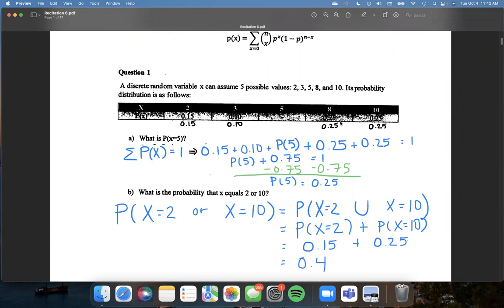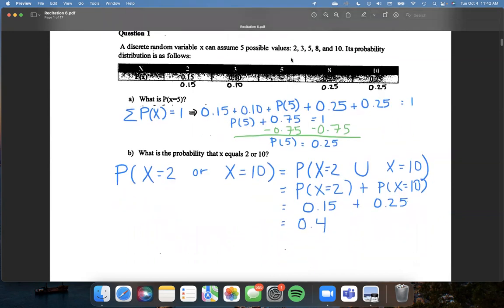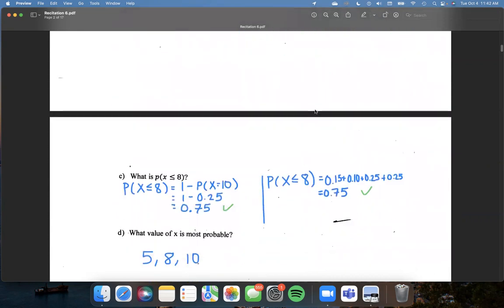We have 5, 8, and 10 all with the probability of 0.25 for all 3 of these values. So those would be the most probable of occurring. They're more likely to occur than 2 and 3. So our answer is 5, 8, and 10.